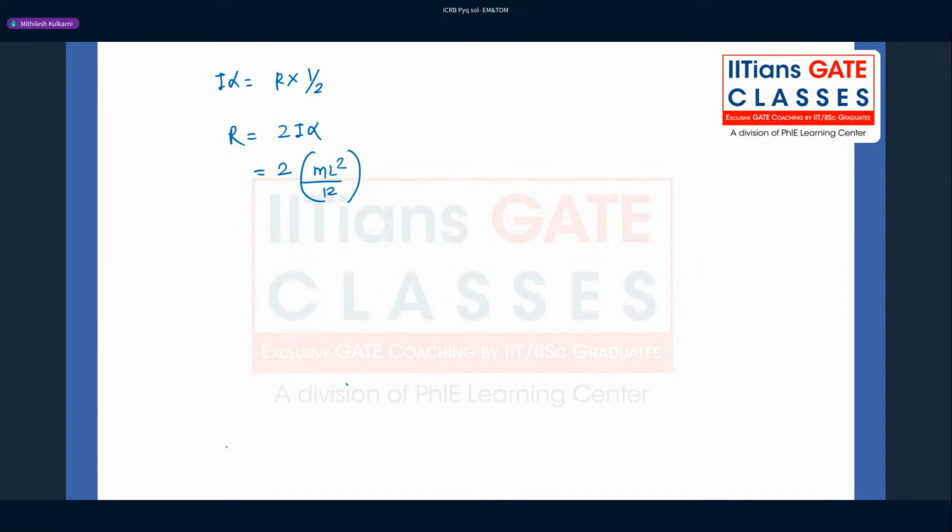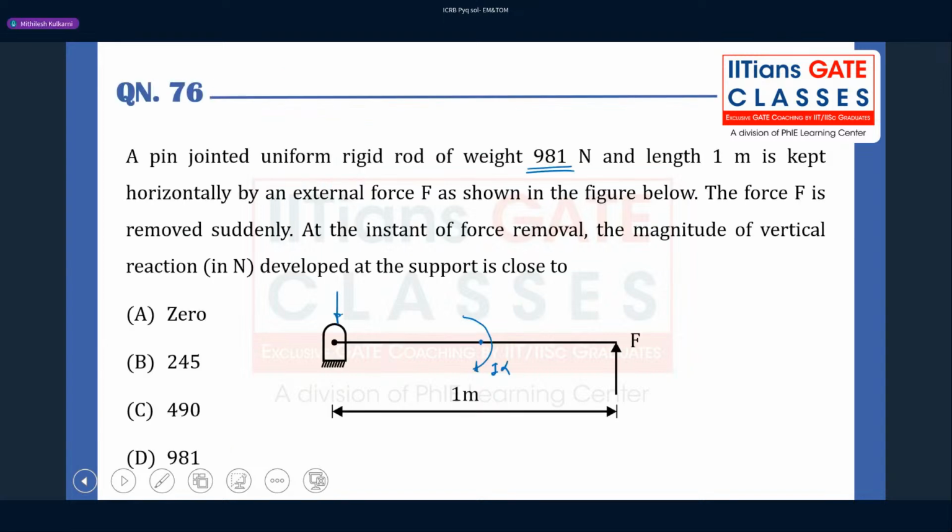Alpha in this case we have to calculate, 981 divided by... So I can write, let's say, imagine this is turning.